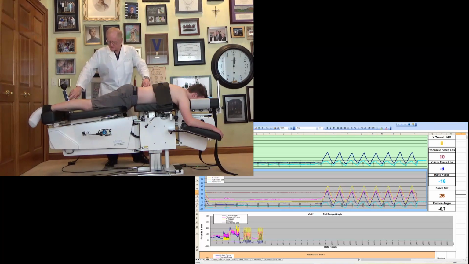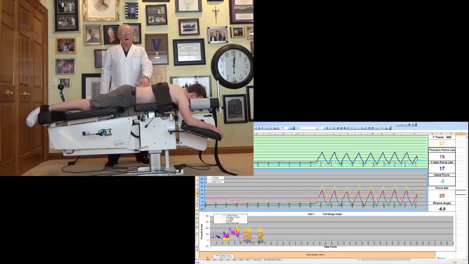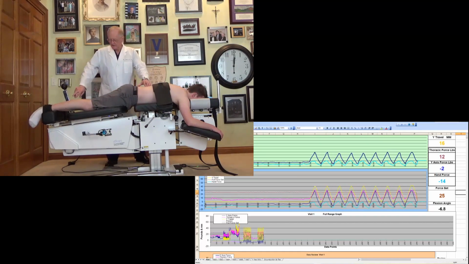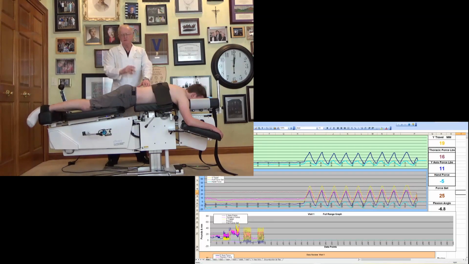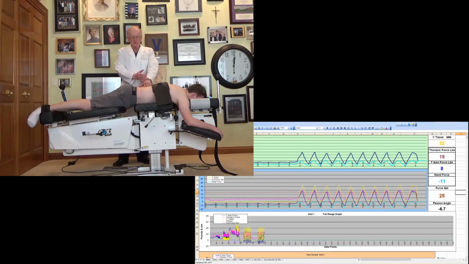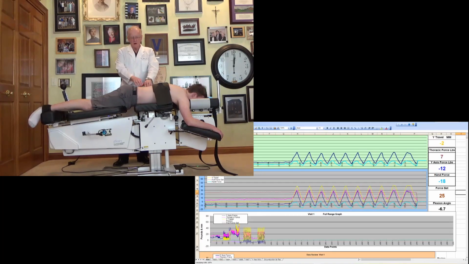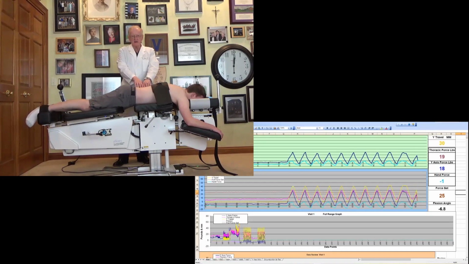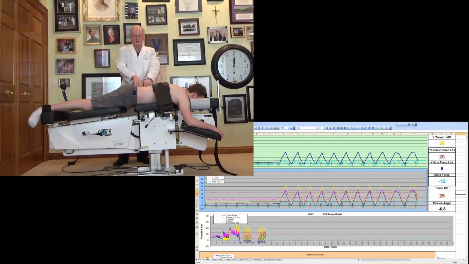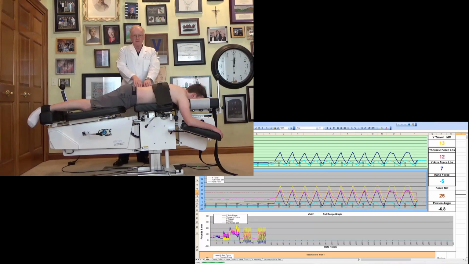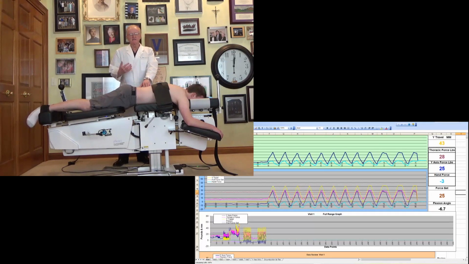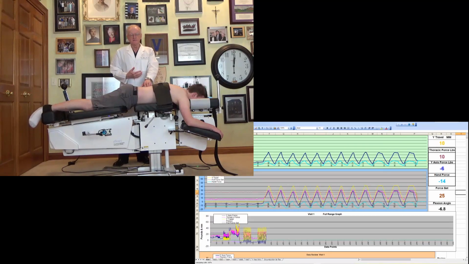If I press this button, it will now hold for 1 second under distraction. I press again, it'll hold 2 seconds, which is what I use. And so I'm distracting, holding the spine under distraction at the levels below my thoracic restraint. This will enhance imbibition of fluid and stimulate mechanoreceptors.